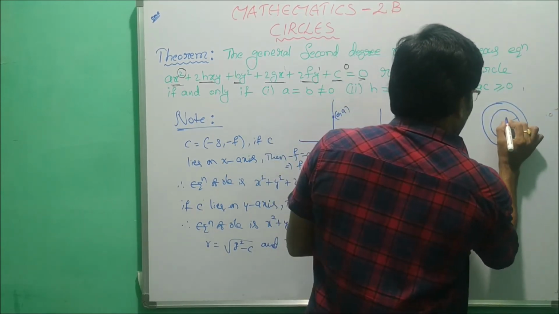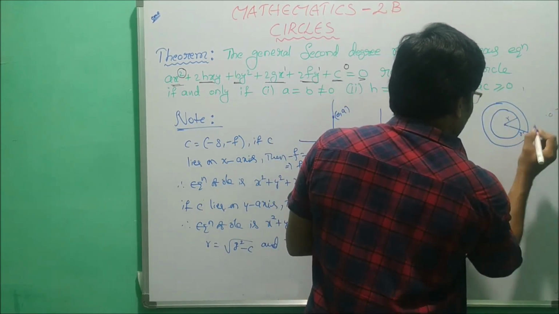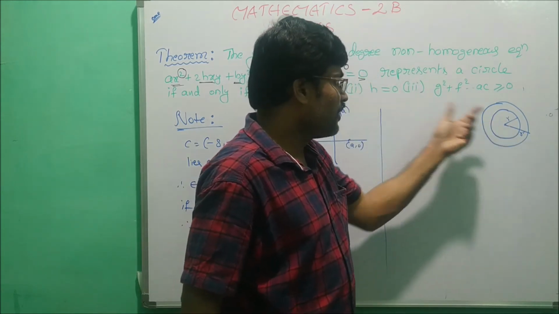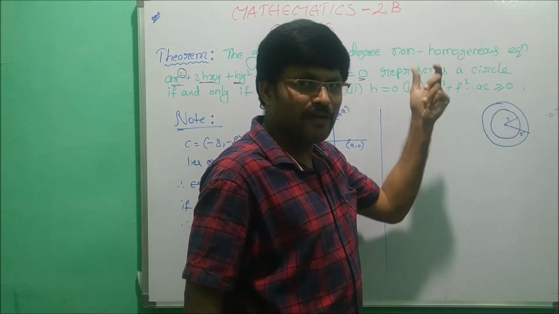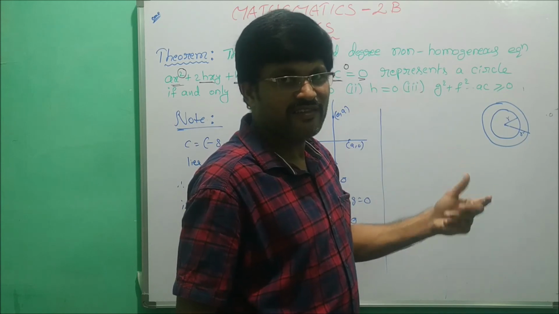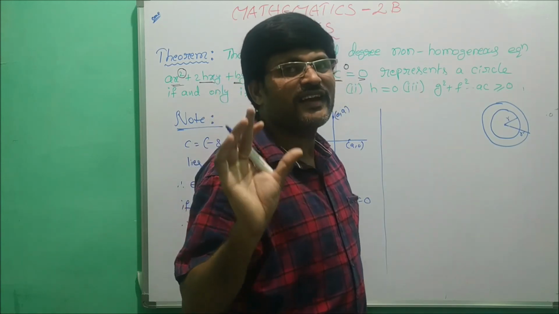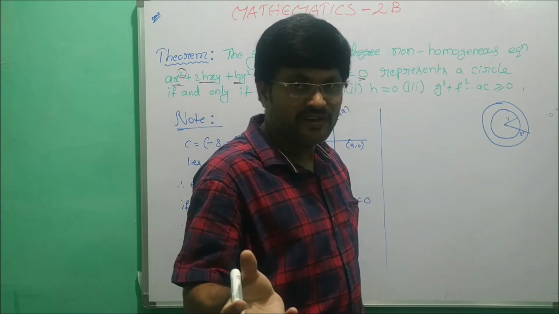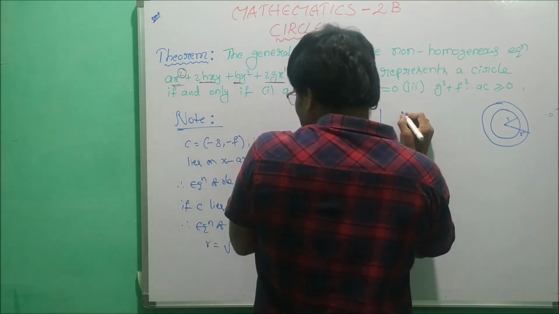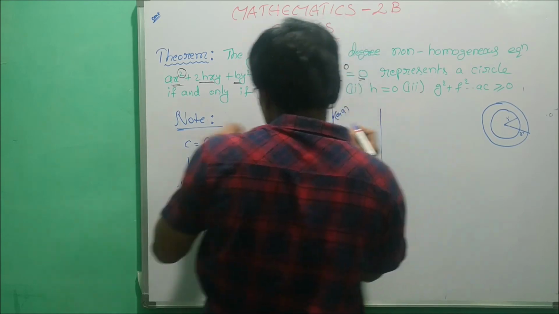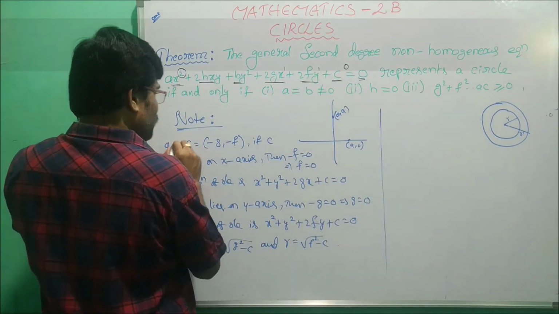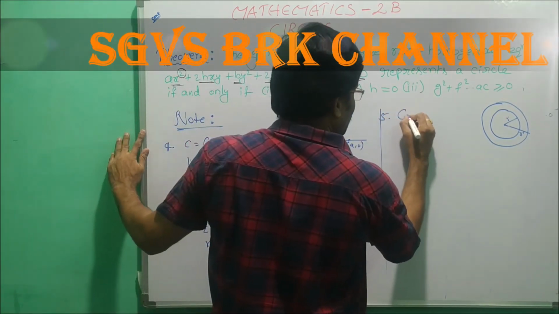This is r, this is r dash. Any two circles having the same center with different radii are called concentric circles. That is the next point. This is the fifth one, concentric circles.